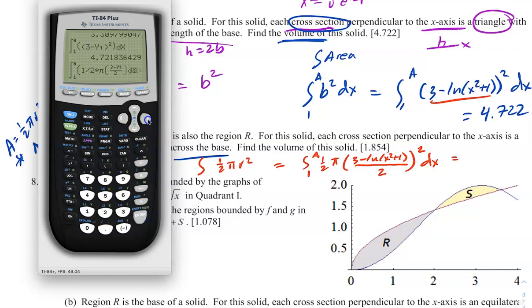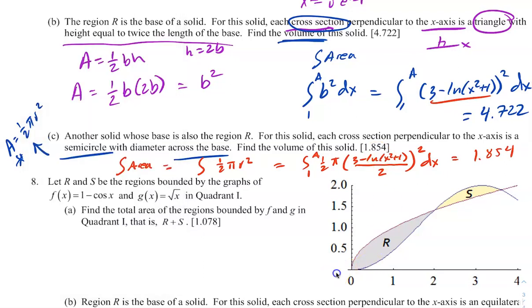Close the parentheses first, sorry, and then we square it. You have to practice your calculator a bit, but it's all in there. Then press X, hit enter, and you should get 1.85. There we go. So there's that one. Let's move on to the next one.